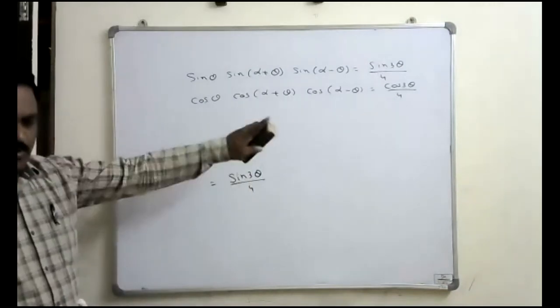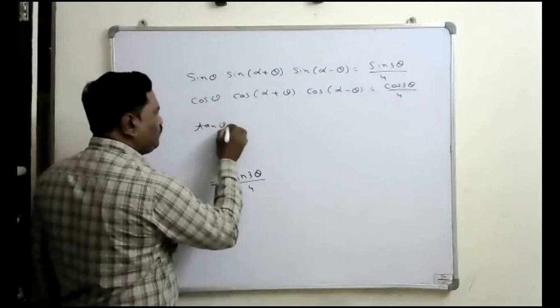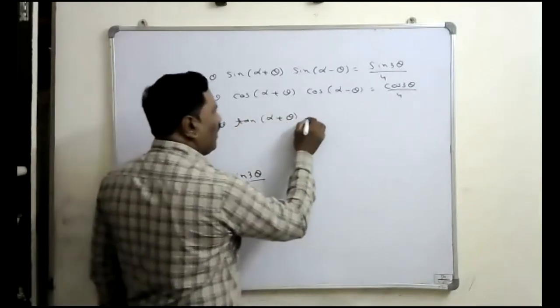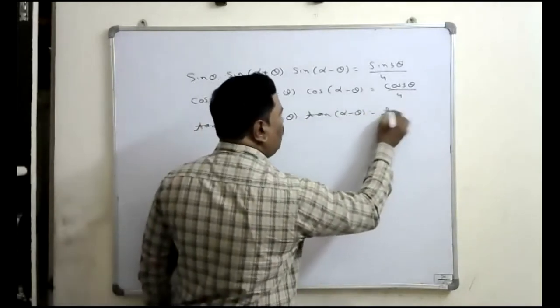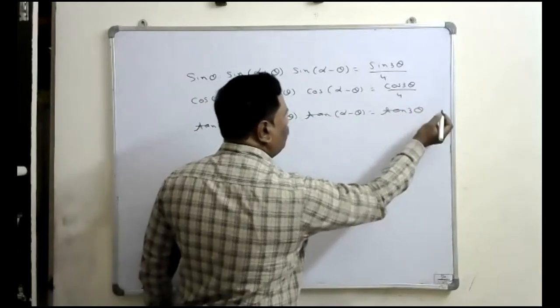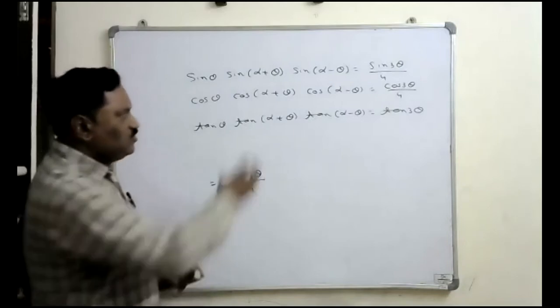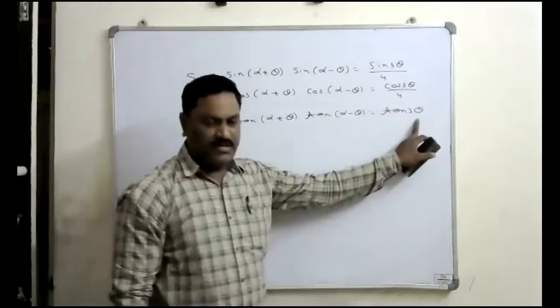In a similar way, we can also prove that tan theta into tan of alpha plus theta into tan of alpha minus theta becomes tan 3 theta. Because if you divide these two, sin by cos will give tan. So on the RHS, sin 3 theta by cos 3 theta becomes tan 3 theta.